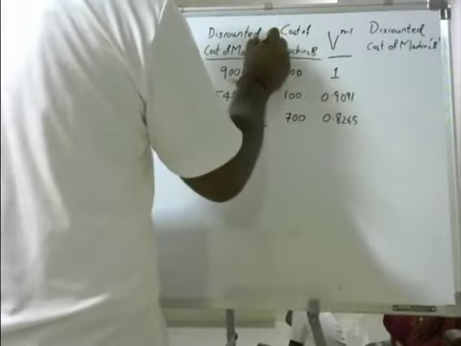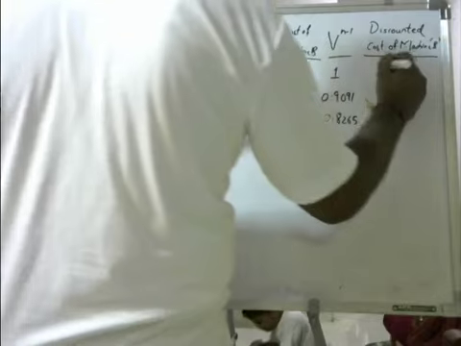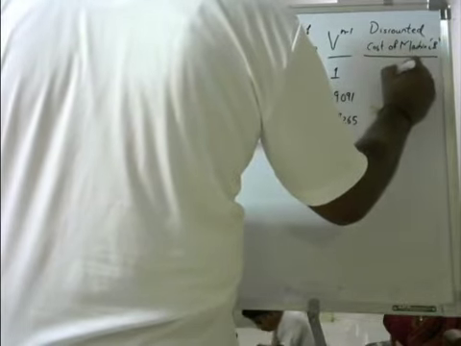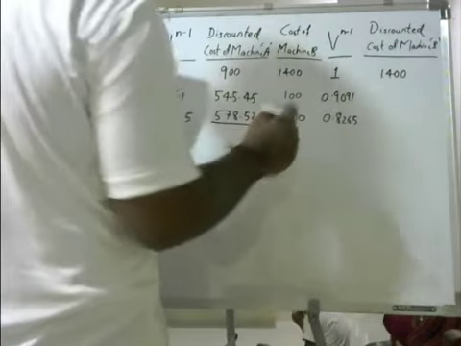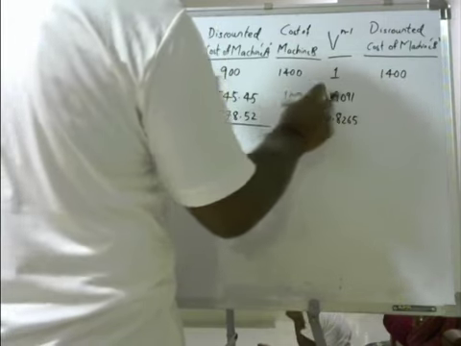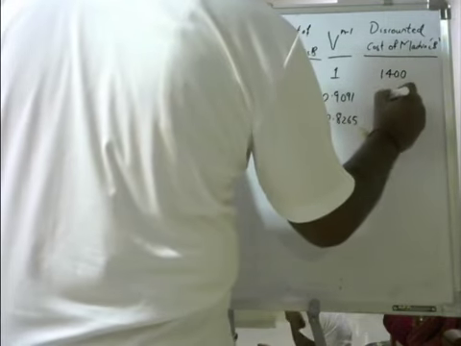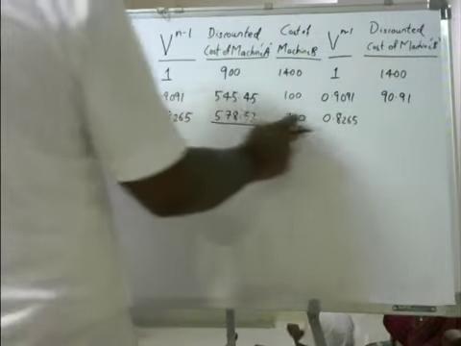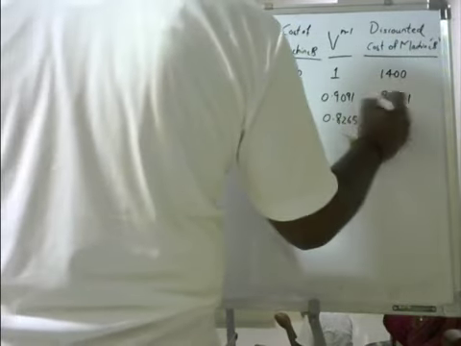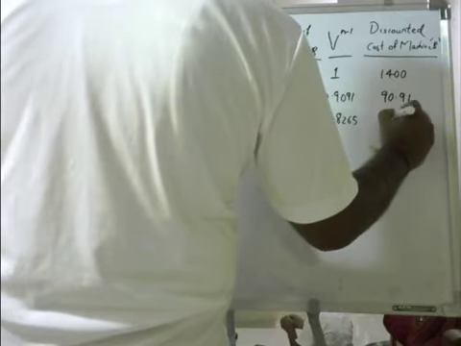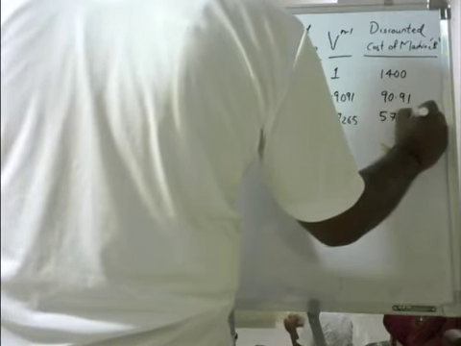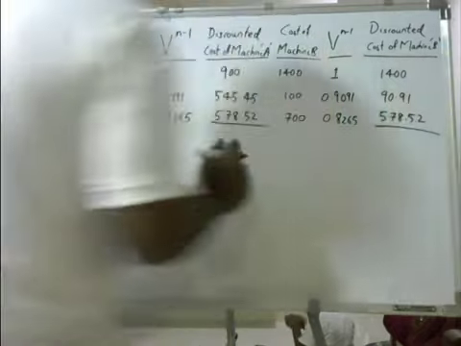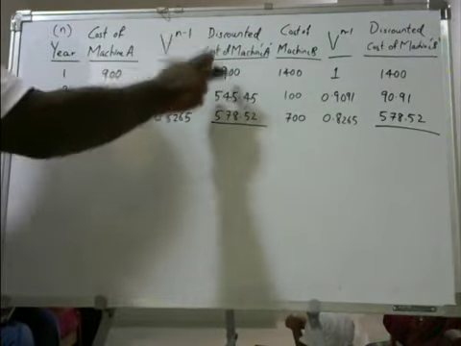This is for machine A and this is for machine B. So 1400 into 1, that is 1400. 100 into 0.9091 is 90.91. 700 into this is 578.52. So we have found out the discounted cost for machine A and machine B.